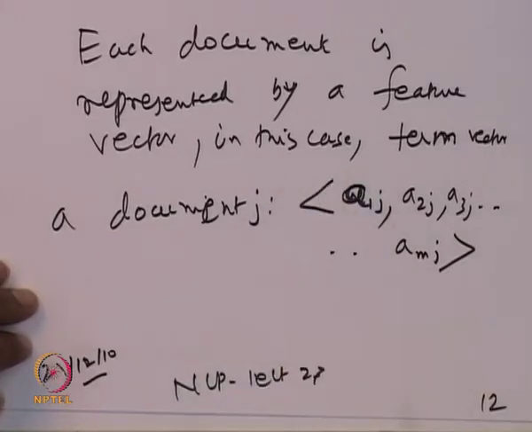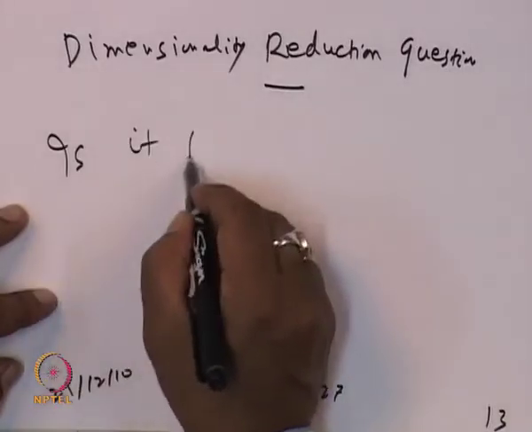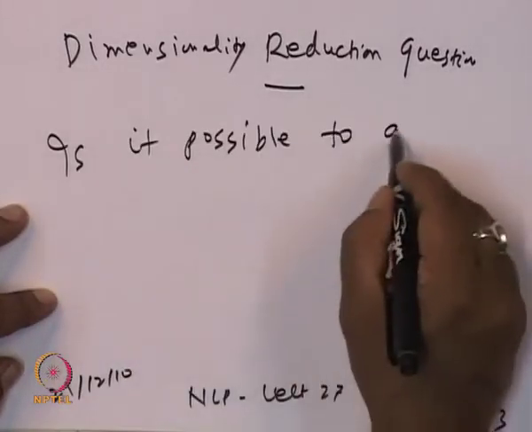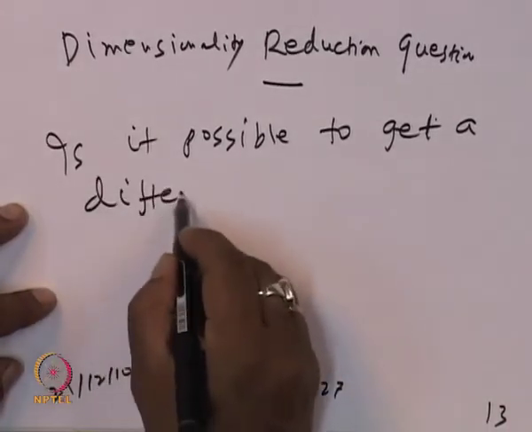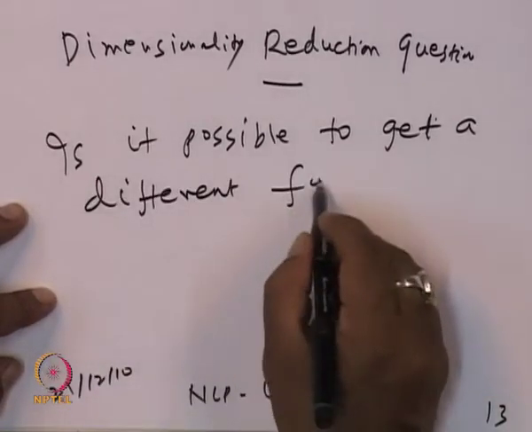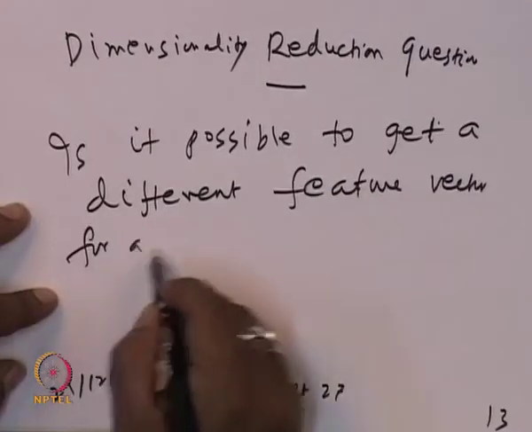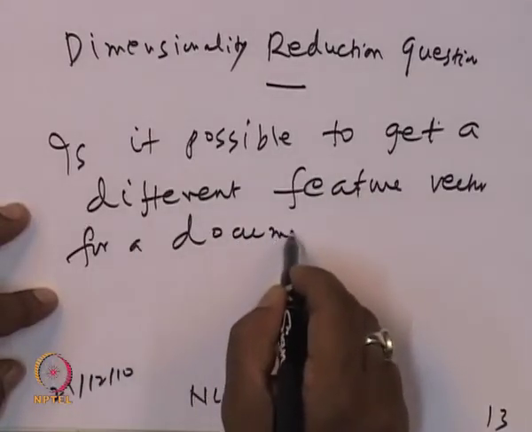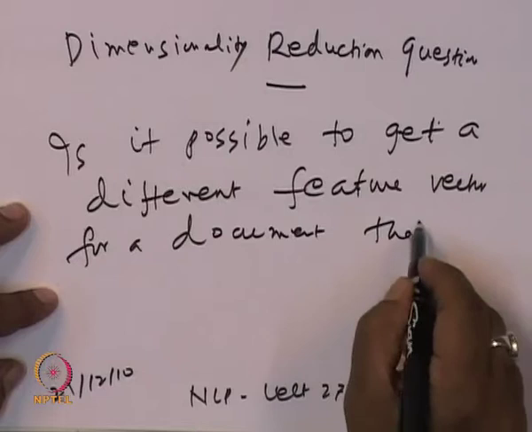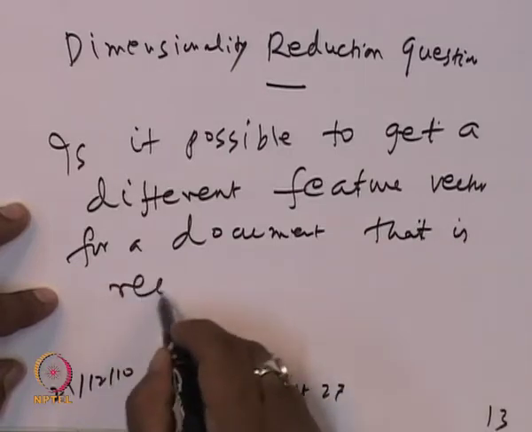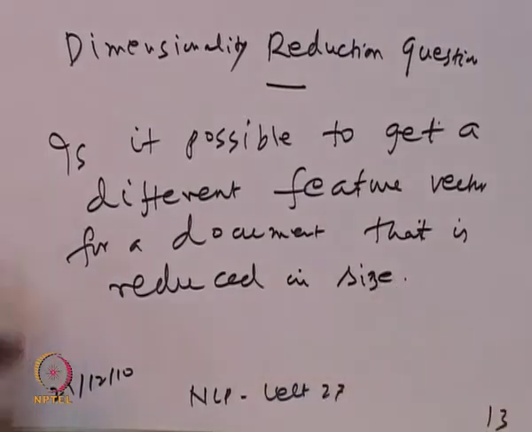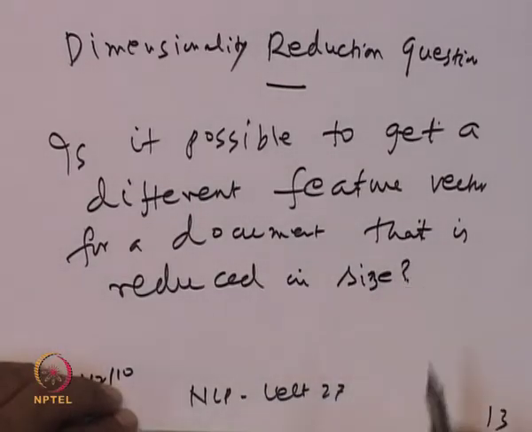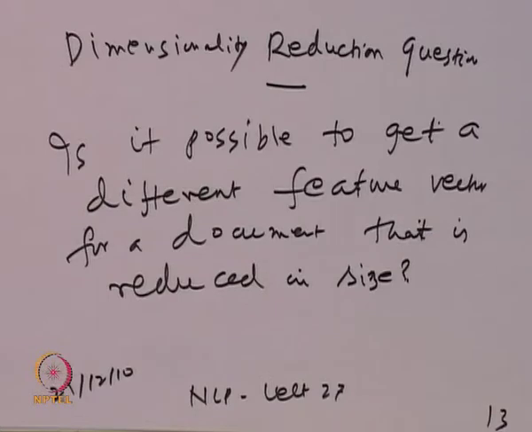Now, the dimensionality reduction question: is it possible to get a different feature vector for a document that is reduced in size?